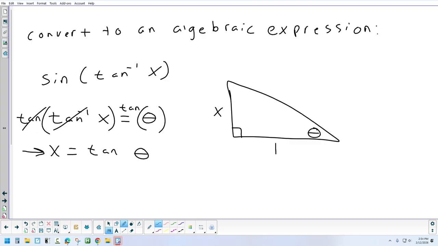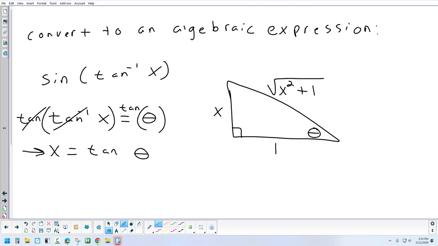All right. What side are we missing? Hypotenuse. And how could we find the hypotenuse knowing the other two sides? Right. We'll just do the Pythagorean theorem. So x squared plus 1 squared, and then take the square root.